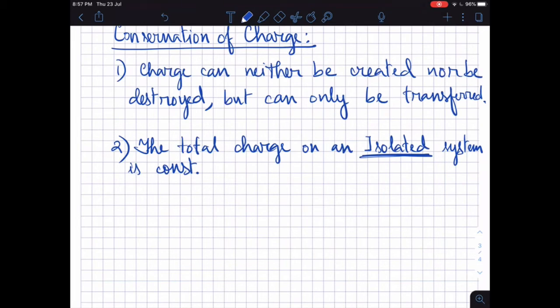So what do you mean by isolated? Isolated means lonely, alone, that it is not surrounded by any other system.